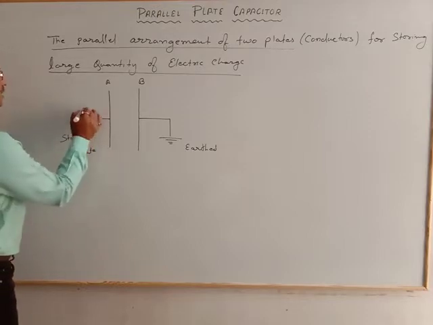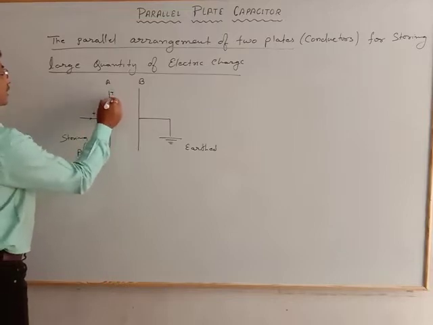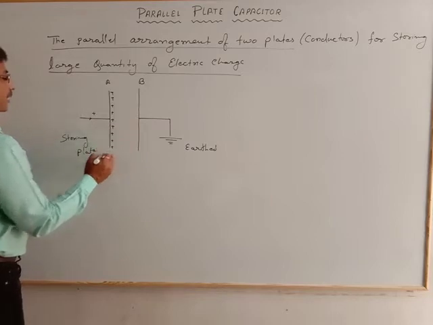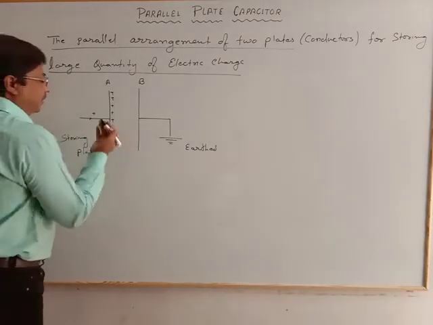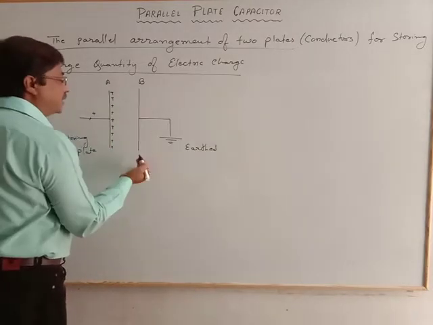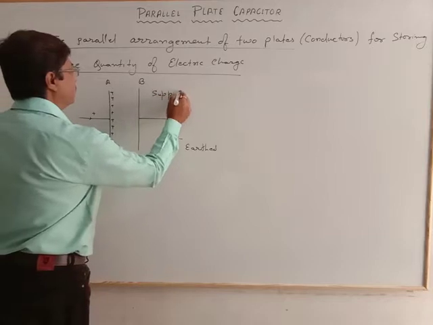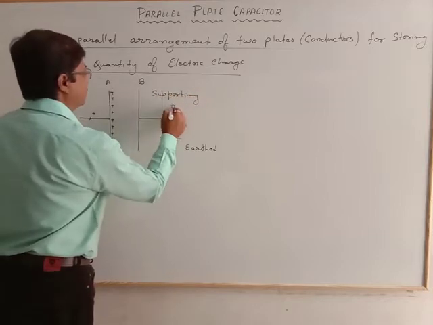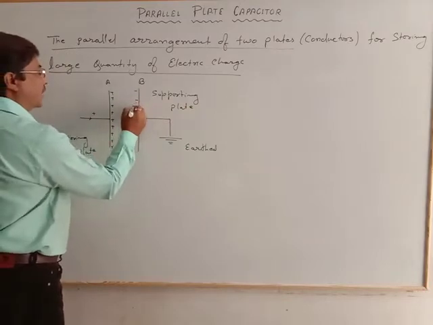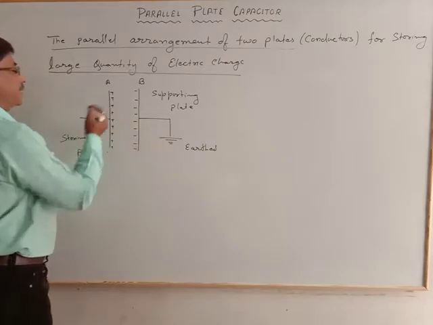That means the charge is supplied to plate A, and the charge will distribute itself in plate A, whatever it may be, positive or negative. Positive charge is here, and negative charge is induced in the supporting plate B, according to the positive charge in plate A.